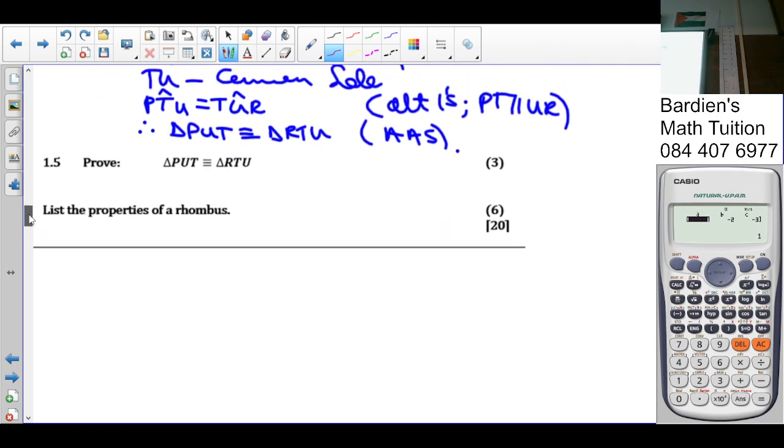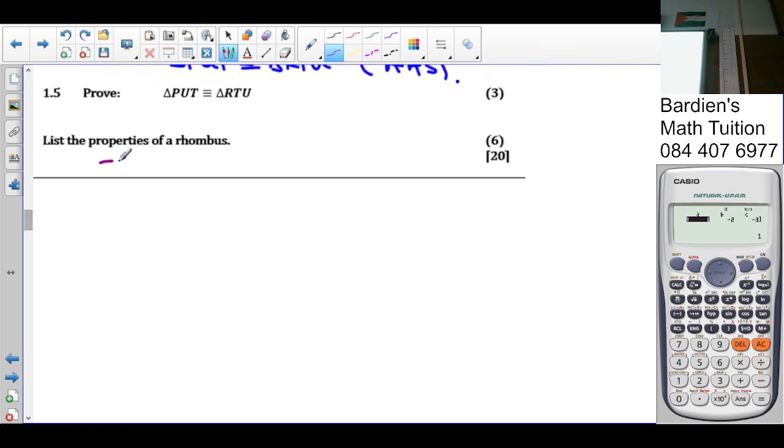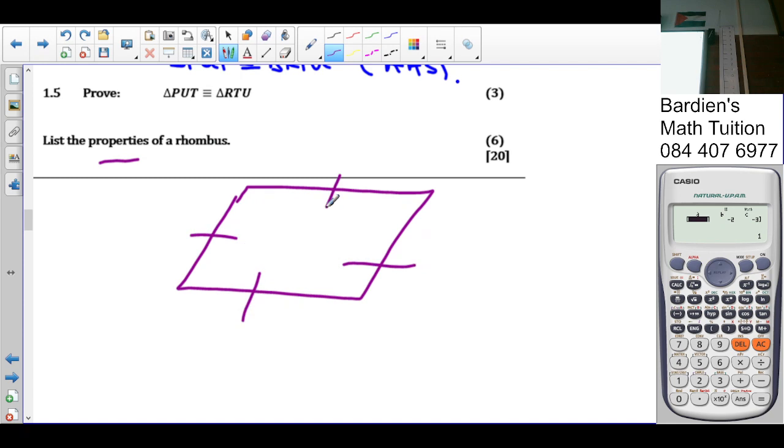That is a good question. The last one. This is the properties of a rhombus. Okay. So this is a rhombus. And none of you drew the rhombus. What's a rhombus? A tilted square. So this should have given you some idea of what's happening. First property, all four sides are equal. Secondly, two pairs of opposite angles equal. Number three, two pairs of opposite sides parallel.